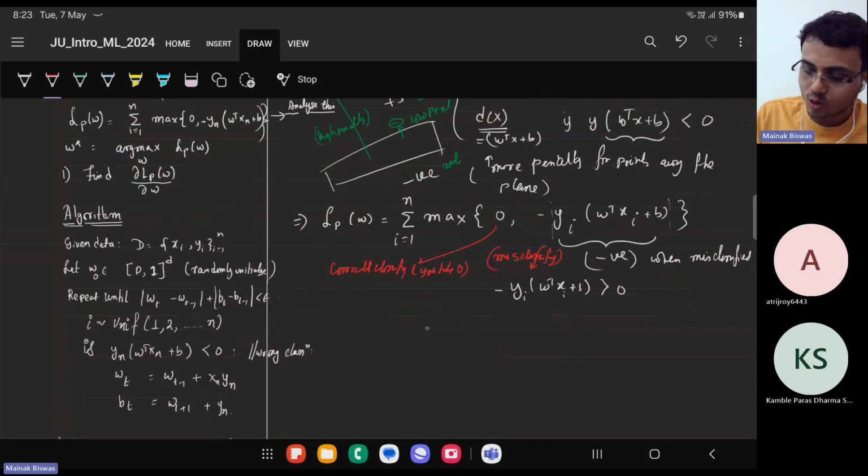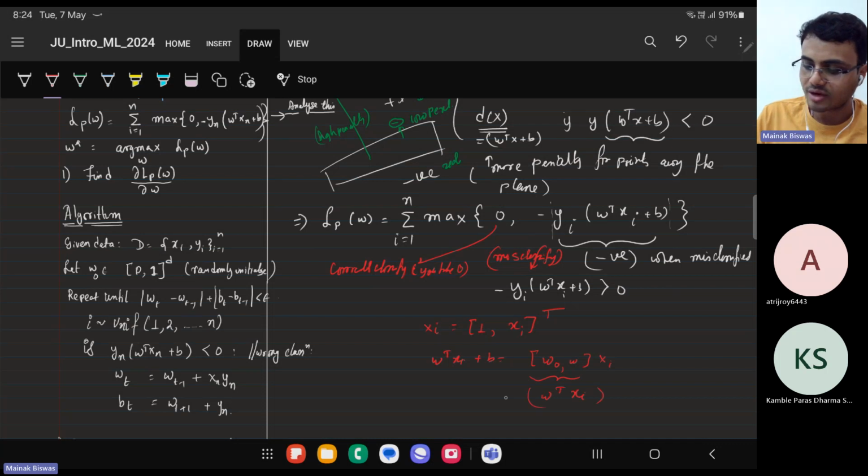For the time being, I'll write xi as 1 comma x. I have already been doing this throughout my classes. Then I can write w transpose xi plus b simply as w0 comma w into xi, and I'll write this as w.